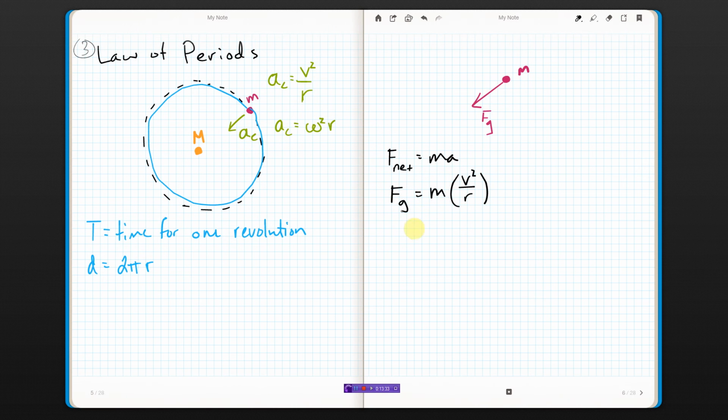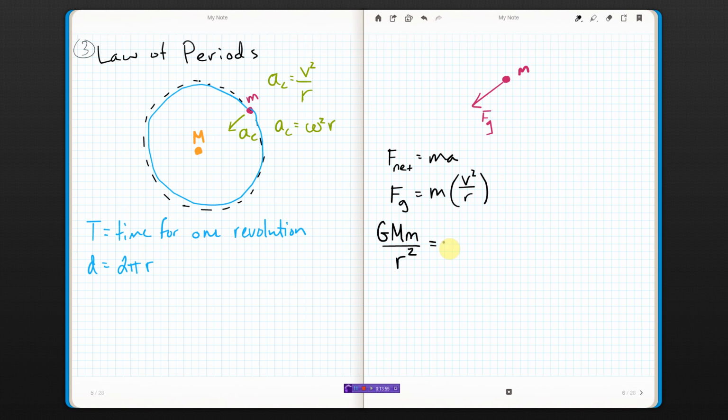Now the force of gravity is not mg or something, because we're not dealing with stuff close to the surface of the Earth. We're dealing with the force between 2 masses. And the force between 2 masses is G m1 m2, so I've got big M and little m divided by the distance between them squared.